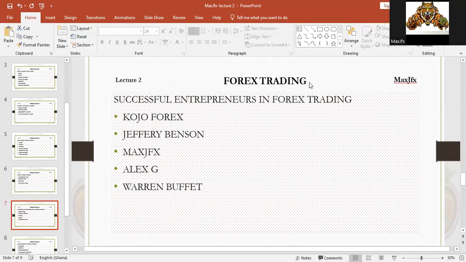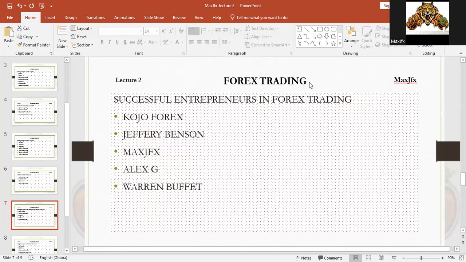These are just a few examples. The first one is Kojo Forex, a Ghanaian successful forex entrepreneur. We have Jeffrey Benson, a Nigerian forex trader, a very successful entrepreneur. And me, that's Max JFX. I'm also one of the successful entrepreneurs in forex trading.